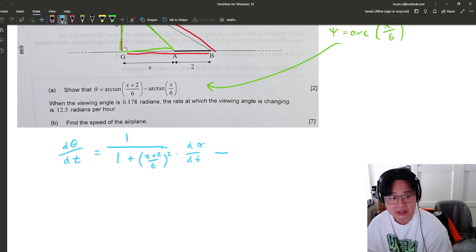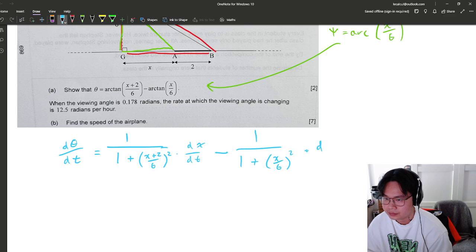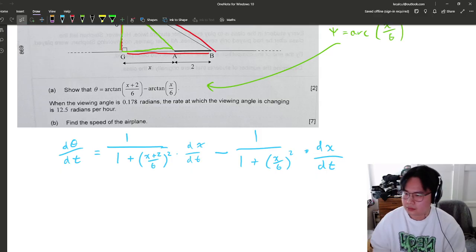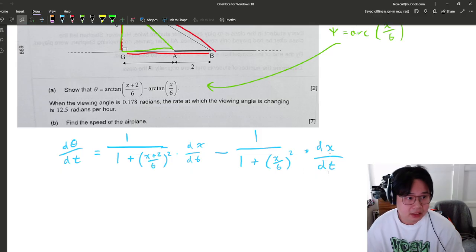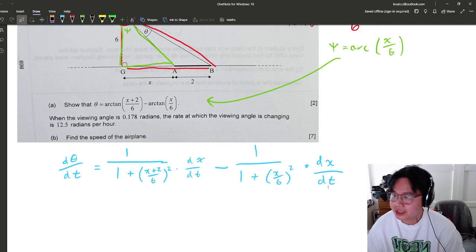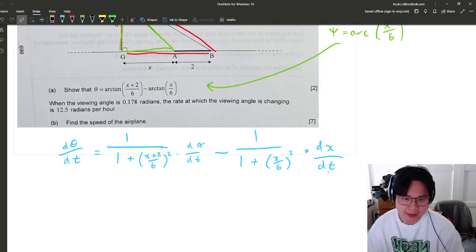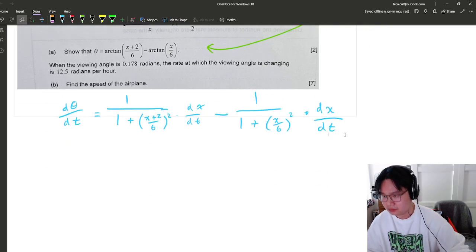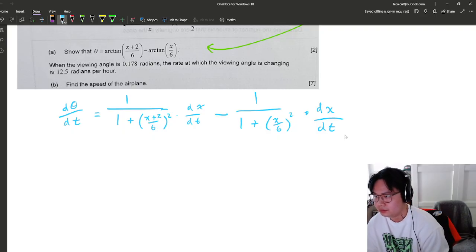Okay, minus 1 over 1 plus x squared, dx dt. So we are trying to find the speed of the airplane, which is dx dt. So we can factor that out.